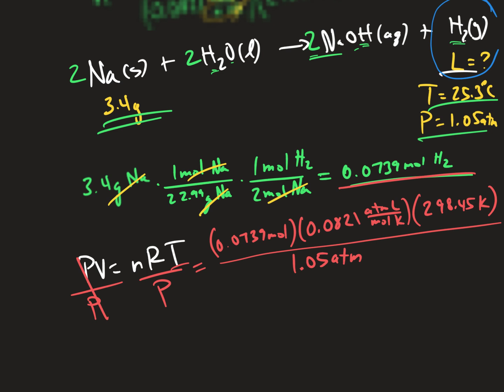Let's see what cancels. Atm cancels. Moles cancel. Kelvin cancels. All we're left with is liters. Good, that's what we're looking for. And we get our volume is equal to 1.72 liters.